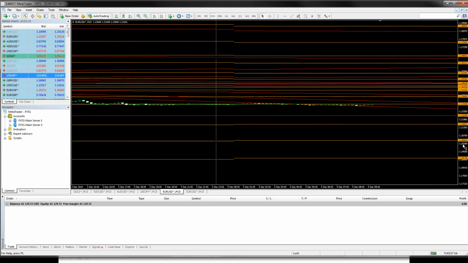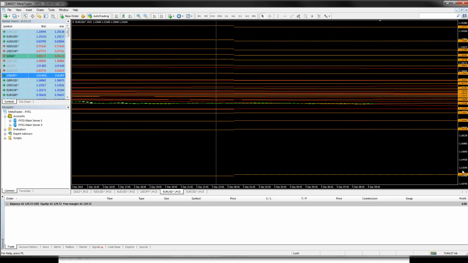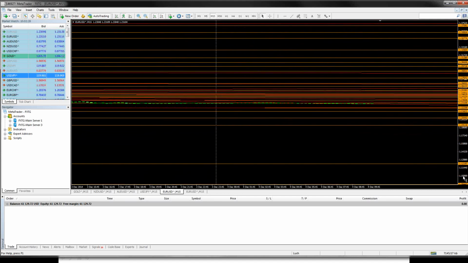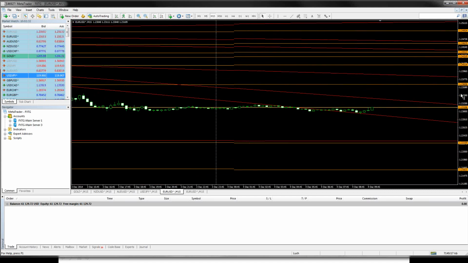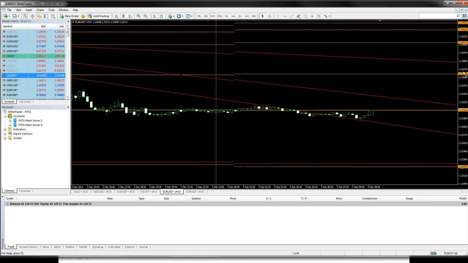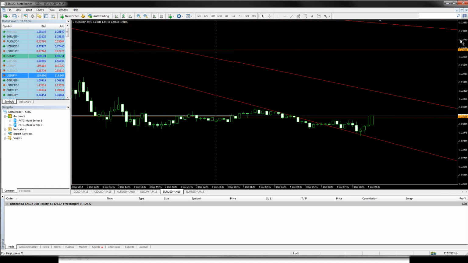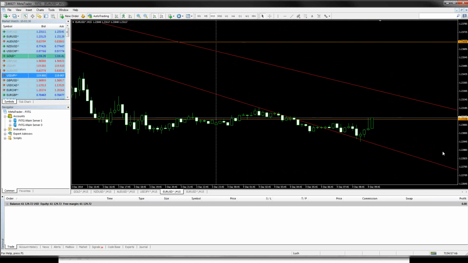You see these yellow lines? That's all my support and resistance lines. Not all of them are seen at once, because if I'm looking at a 15-minute chart, until the price gets there, I don't really care. As you can see here, there's a line right across here, and the price has been just like a snake curling around it.